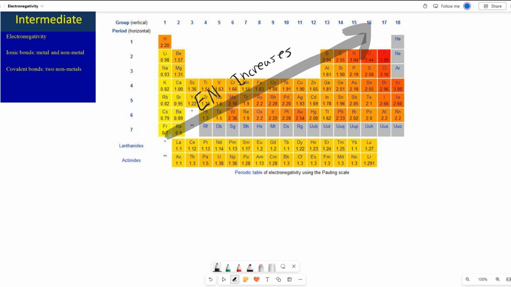Well, how can we use this trend or this knowledge of electronegativity to determine if two atoms that come together will undergo an ionic bond or a covalent bond? Well, what you do is you look at the electronegativity difference between the two atoms. So if we make a chart listing the electronegativity difference, and right at the middle we put 1.5.